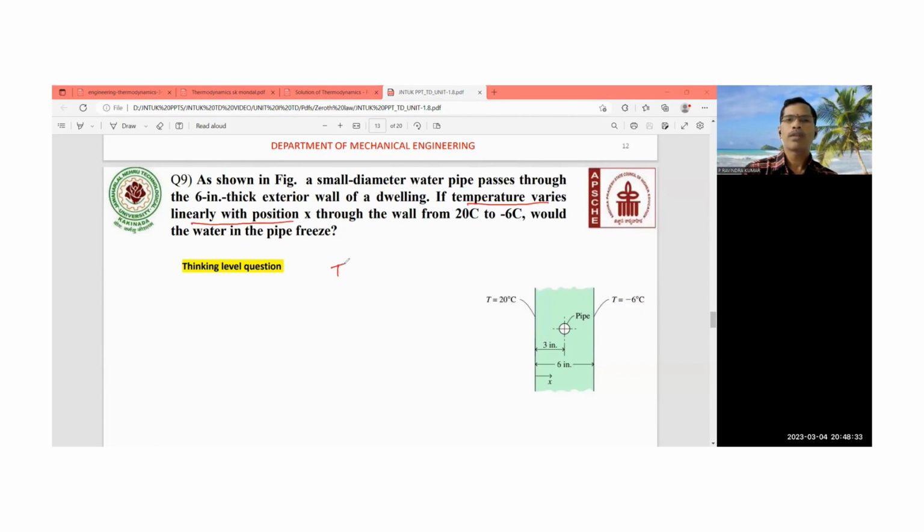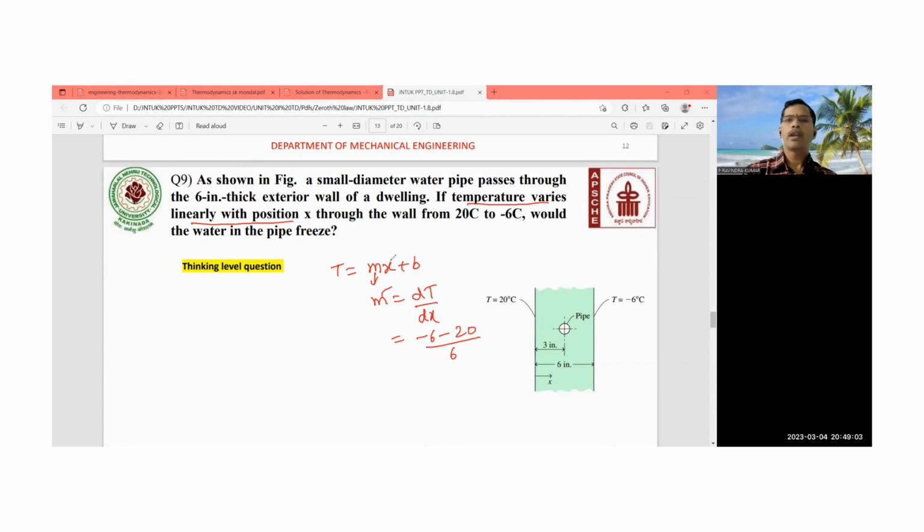So in this case you can take it as T equals mx plus b, where m is nothing but the slope. The slope is the change in temperature divided by the length. So what is that change in temperature? It is minus 6 degrees centigrade minus 20, divided by 6 inches. So you will get the slope.